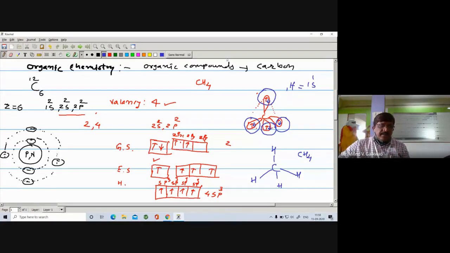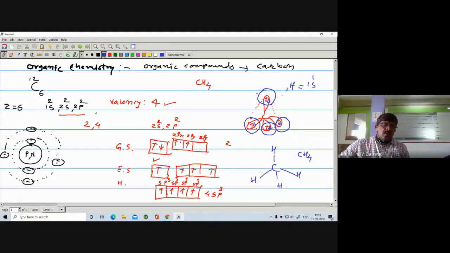What is meant by organic chemistry? The carbon-containing organic compounds are studied in organic chemistry, right? You have seen the atomic number of carbon is 6, electronic configuration 1s2, 2s2, 2p2, outermost orbit is the second, outermost electronic configuration 2s2, 2p2.